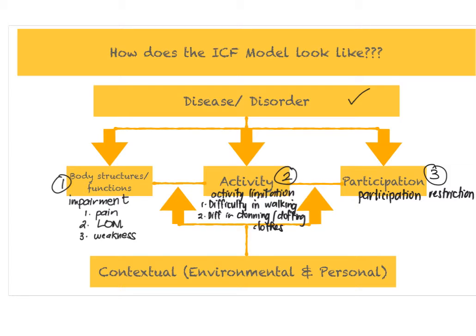Okay, so if your patient, for example, is a chef, your patient's role in the society is that of being a chef, then participation restriction of your patient is difficulty preparing food, or difficulty cooking.